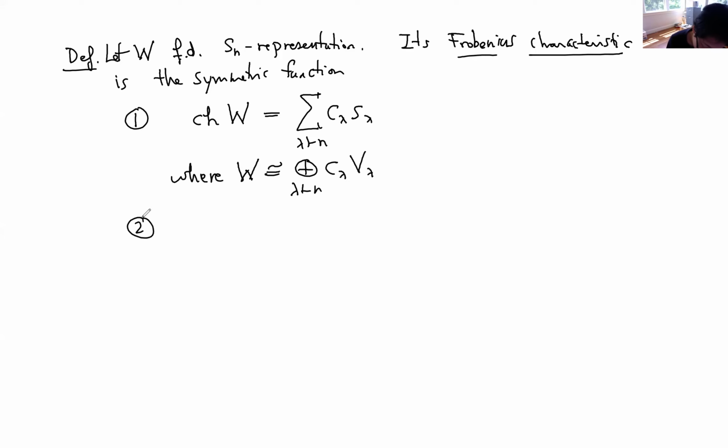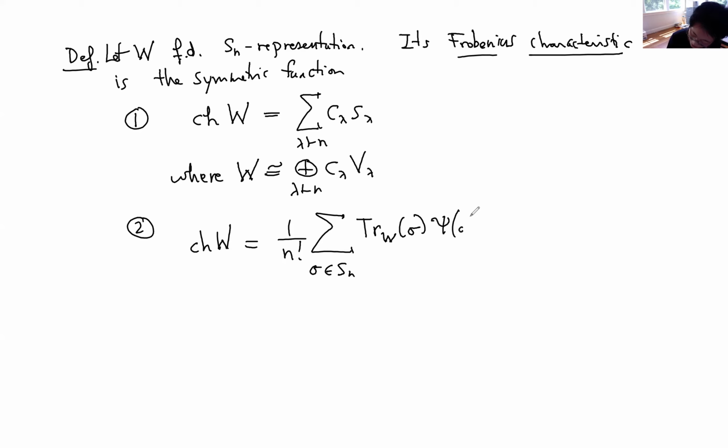And the second way is to define it as the following. It's normalized by dividing by n factorial. It's the sum over sigma in Sn of the trace of sigma with respect to the representation W times psi of sigma. So here, psi of sigma is a symmetric function.